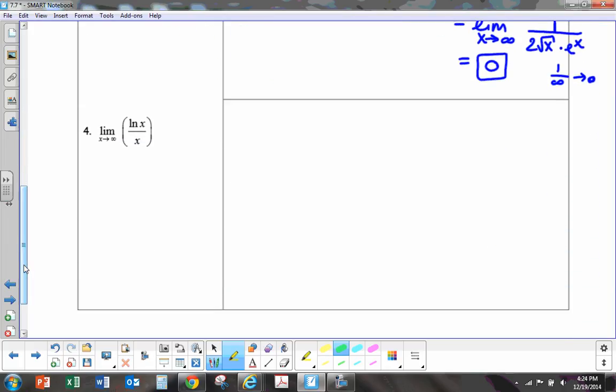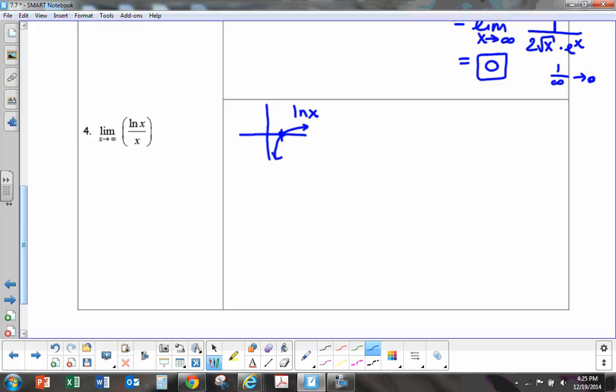Okay, let's take a look at our last example. So we have natural log of x over x. And again, it's very, very helpful, we've talked about this before, for you to understand the graph of natural log of x. It goes through the point 1, 0, looks like this.